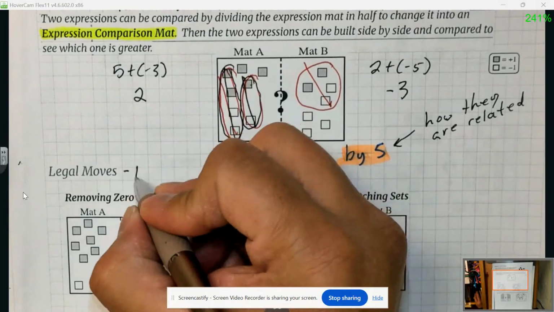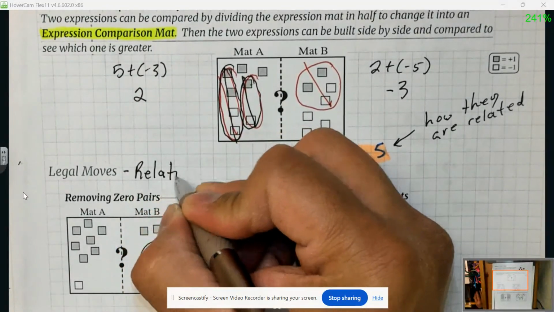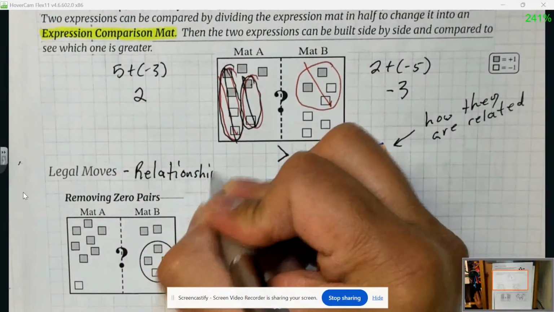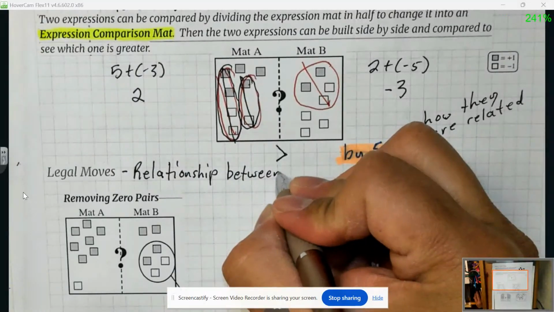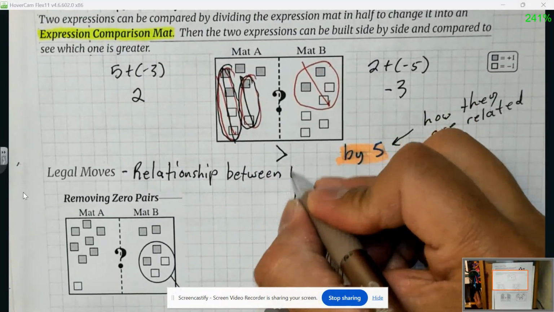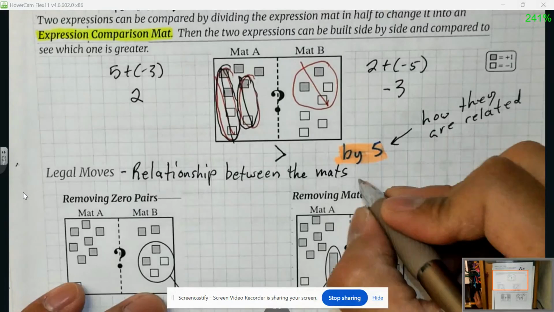To put it in simplest terms, the relationship between the two mats is not changed.